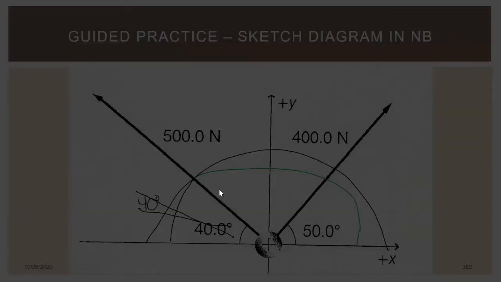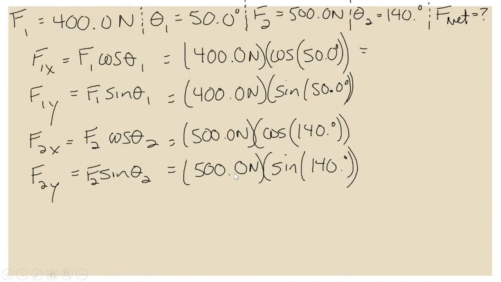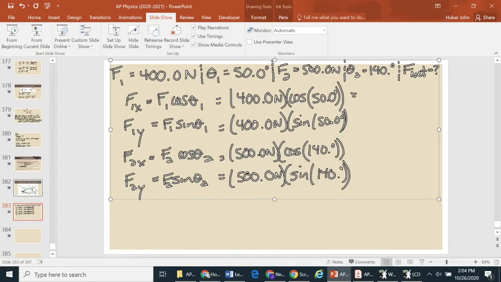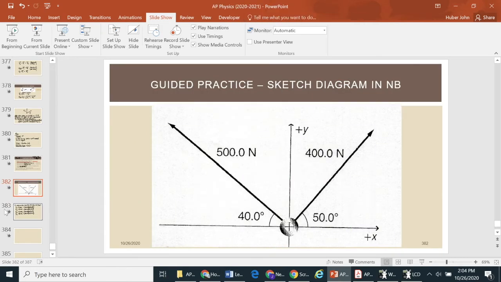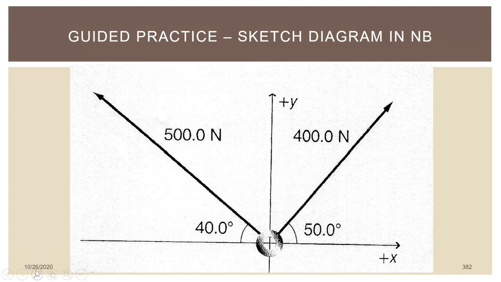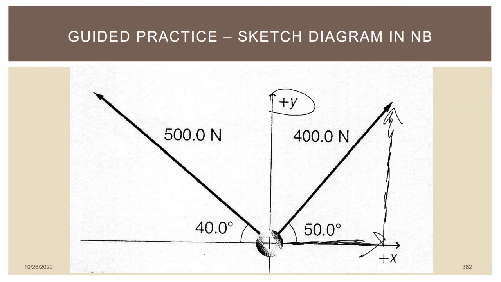And the reason why that makes sense, and let me just get rid of these drawings on here, is because the x component of this vector goes this way in the positive x direction. So it makes sense that that's positive. And the y component of the vector goes up in the positive y direction. And so it makes sense that that's positive.